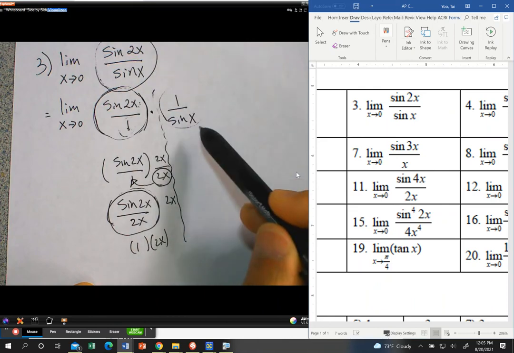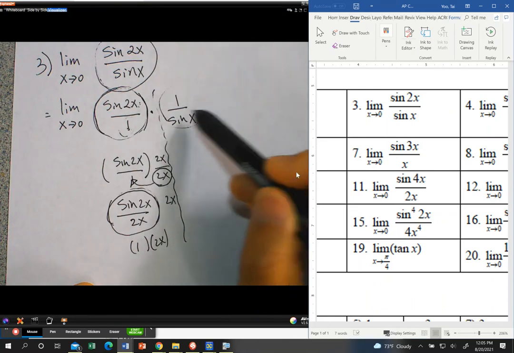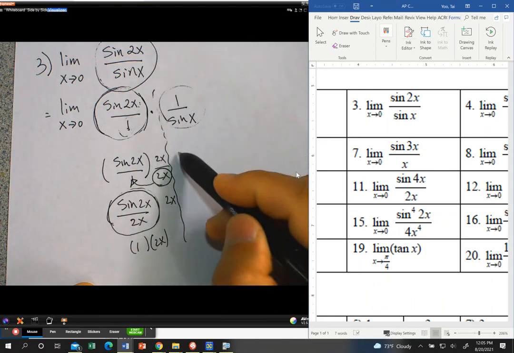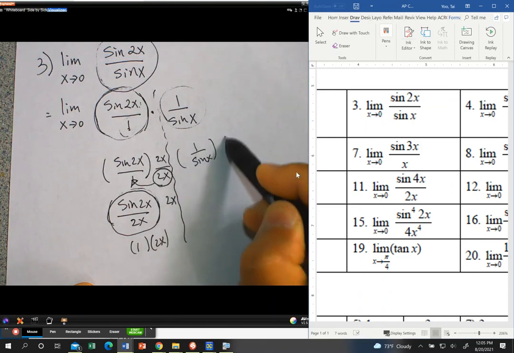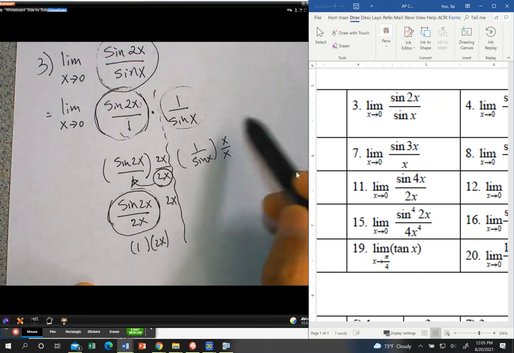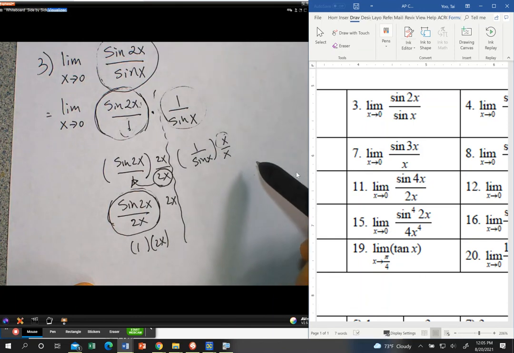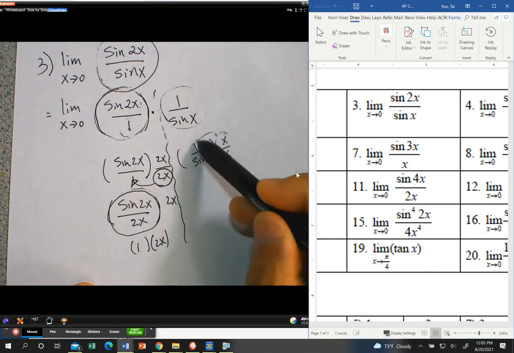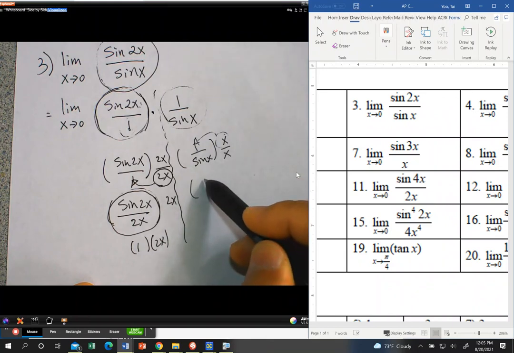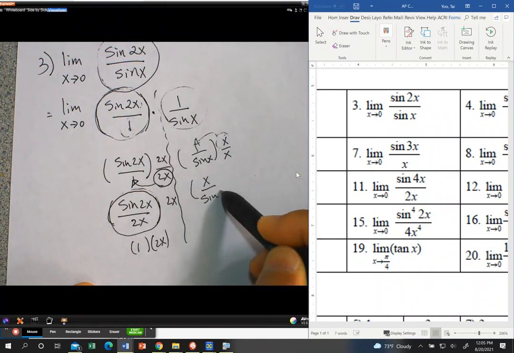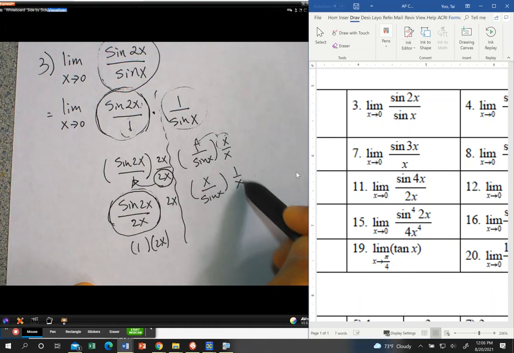Is it matching? No. So what do I need to multiply this one by? x over x. I need to multiply by x over x. What am I going to do with this top x? I'm going to put it at the 1, right? So this is x over sine x, and then we have 1 over x because x is on the bottom.